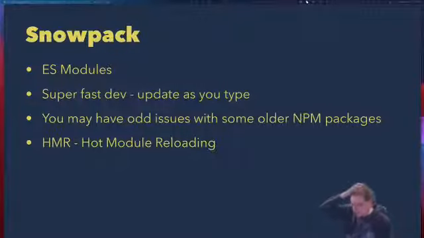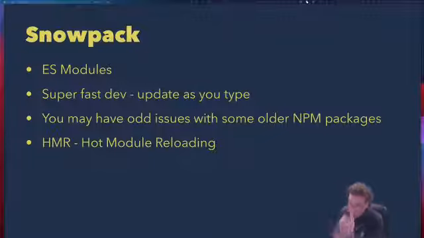On previous versions of Snowpack, what Snowpack tries to do, and it's the same thing that Rollup tries to do too, is that if you import an NPM package, which many of them are in CommonJS style or format, it tries to wrap it and turn it into an ES module.